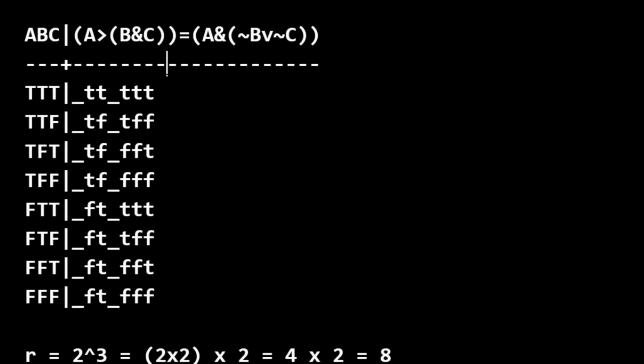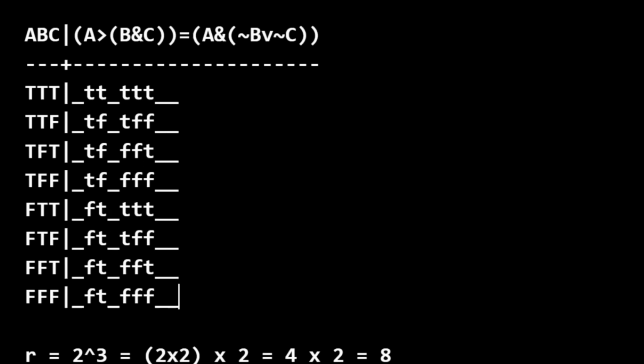Okay. Now we continue working left to right. We have a closing parenthesis. So we're going to put an underscore all the way down the column. Underneath that, another closing parenthesis. So again, underscores all the way down.